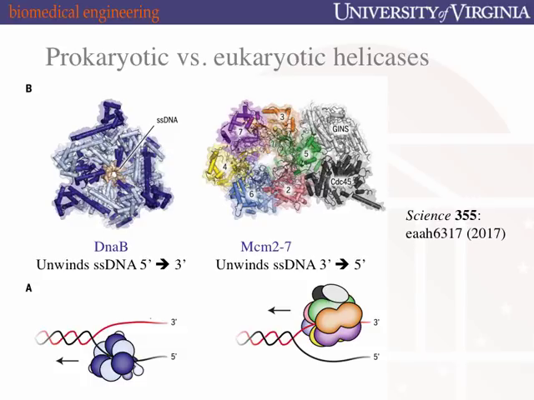The MCM complex also binds to a strand, but it moves 3' to 5', so it's bound to the other strand as it moves. This is more akin to the question before: why don't you just work in the opposite direction? You can, but you need a lot of evolutionary time to be able to do it, and you can see the strategy for the two is completely different at a molecular level. But the net result of the two is the same: DNA unwinding, creating real estate for DNA polymerase to extend the daughter strands off the template.